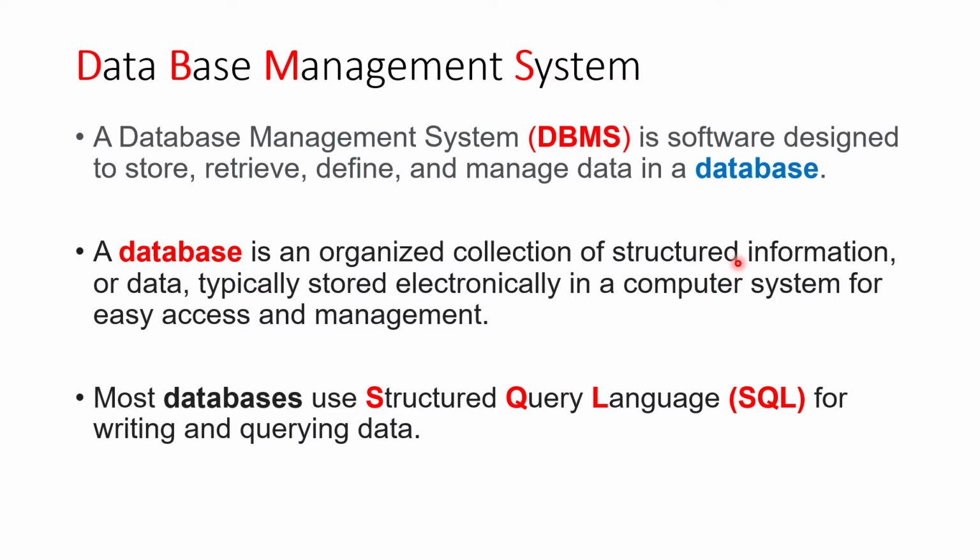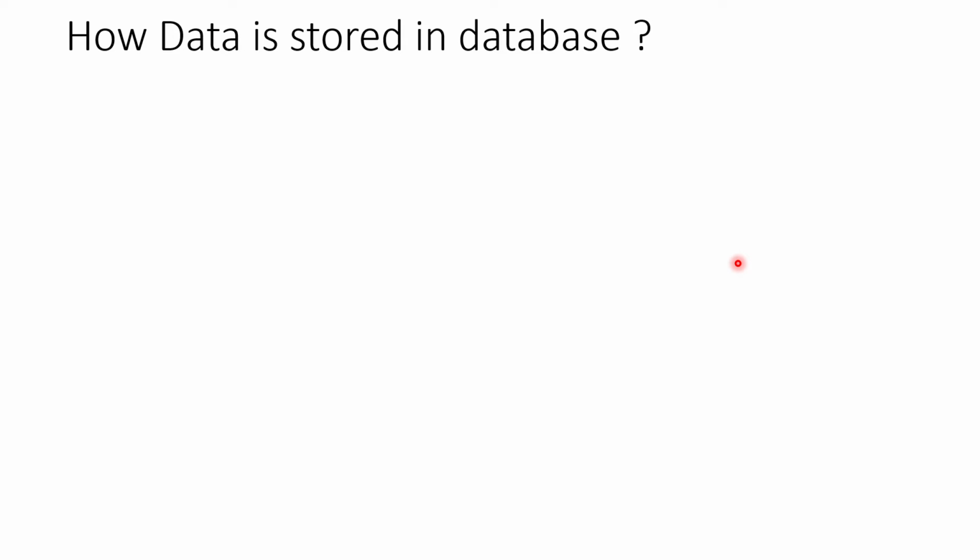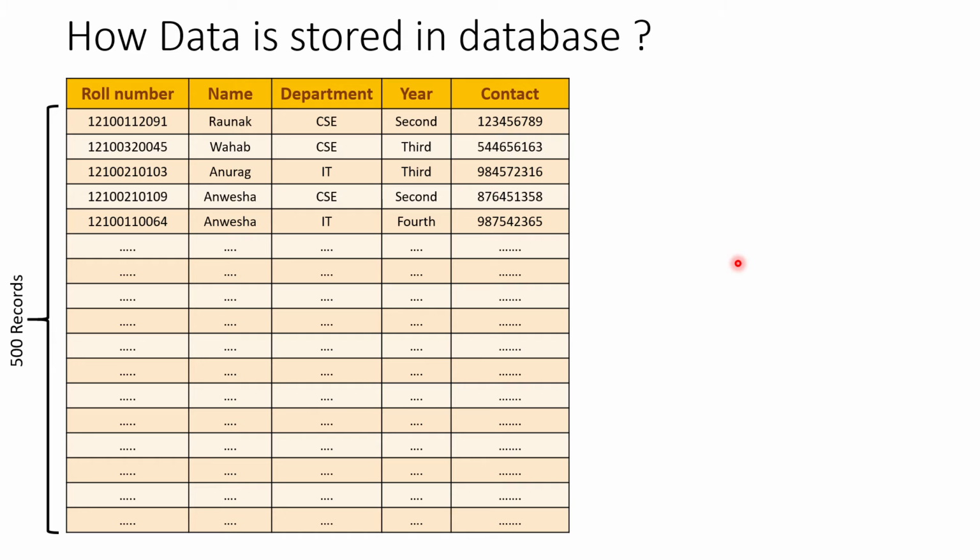We store structured information in a database in the form of a table, something like this. So for example, if I want to create a database having the data about the students of this BIT, then we can assume that we have this amount of information about each student.